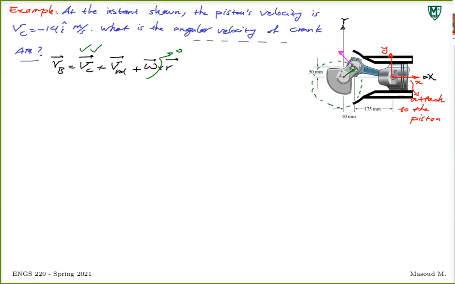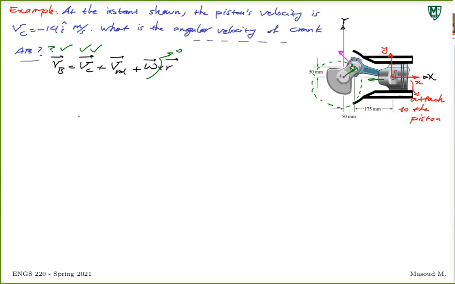Since point B is part of BC and part of AB, we know the direction of the velocity of B when this piston goes to the left. So I know its direction, but we don't know its magnitude, right? If we knew its magnitude, we could find the angular velocity of link AB, but we can't. So we don't know its magnitude.